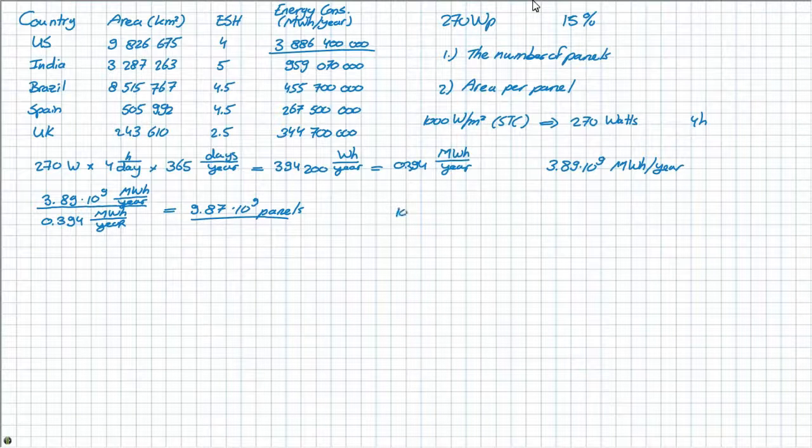So you have 1000 watts per square meter times the area. This is P in, times the efficiency is the output power, which is 217 watts. Now with this you can calculate the area of one panel, and when you do that, the area of one panel is 1.8 meters squared.